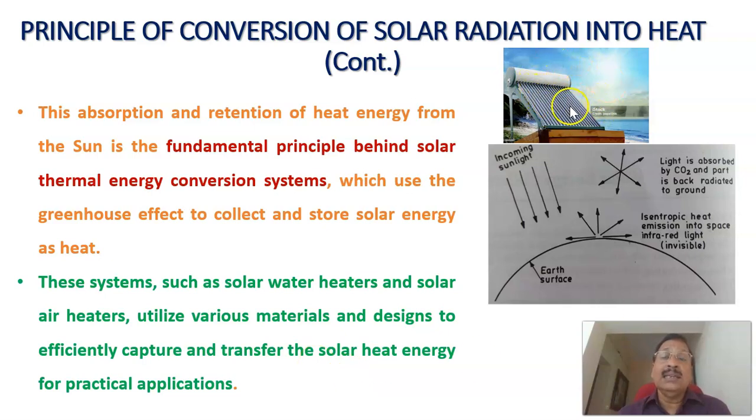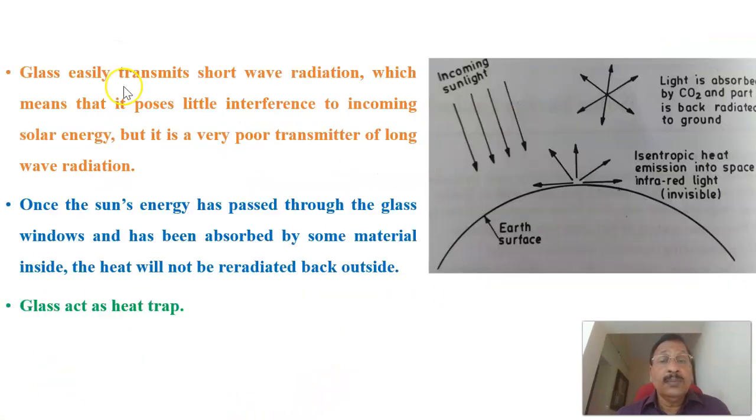This is a solar water heater, and there are different types of application. Now, glass easily transmits short wave radiation, which means that it poses little interference to the incoming solar energy, but it is a very poor transmitter of long wave radiation.